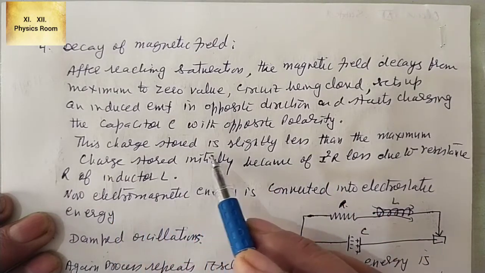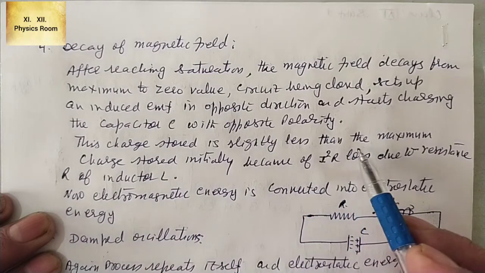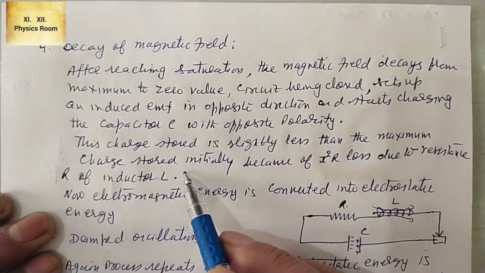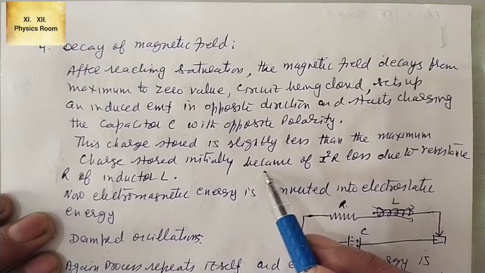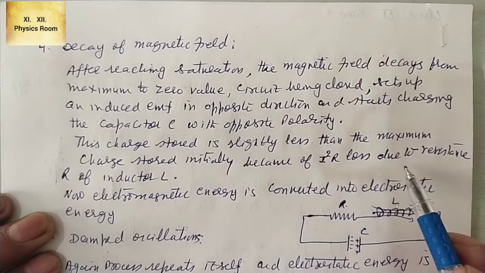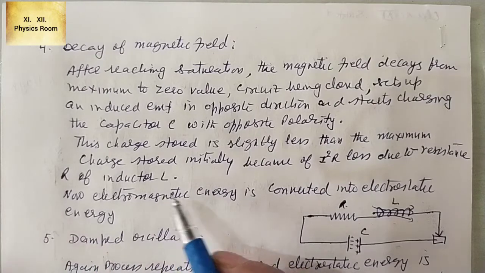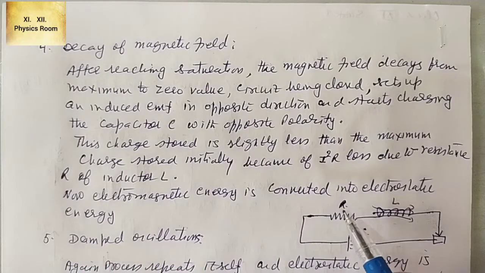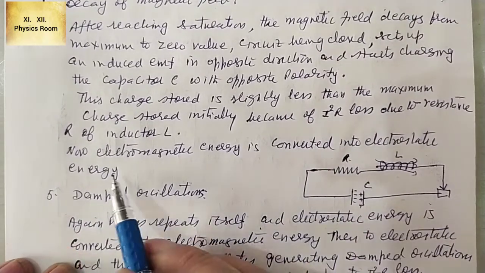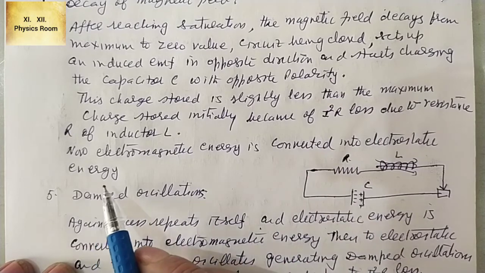This charge stored is slightly less than the maximum charge stored initially because of I square R loss due to resistance R of inductor L. Now magnetic energy is converted into electrostatic energy.